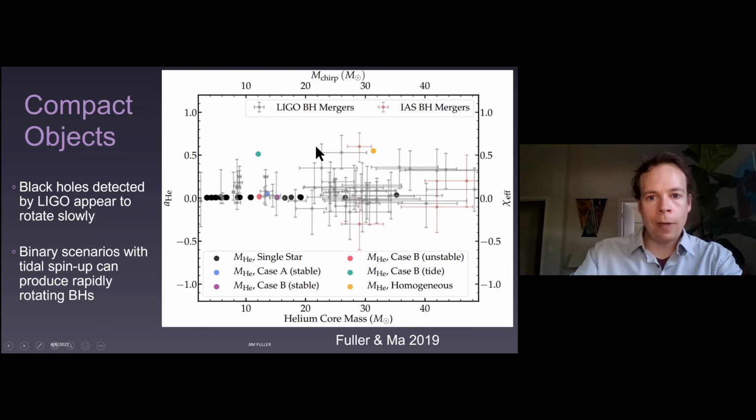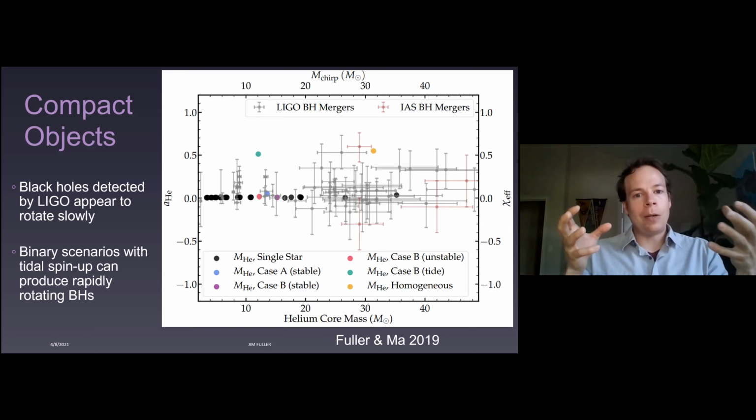Now, there are a few events that do appear to have much more rapid rotation. And those, I think, are consistent with some of these other processes, especially this green point or this yellow point. Those are models where the core gets a reinfusion of angular momentum late in its life. The green is a model where it's in a close binary.